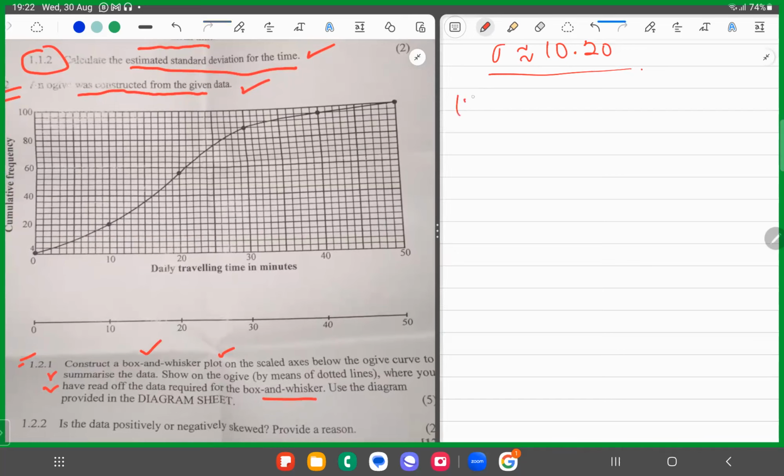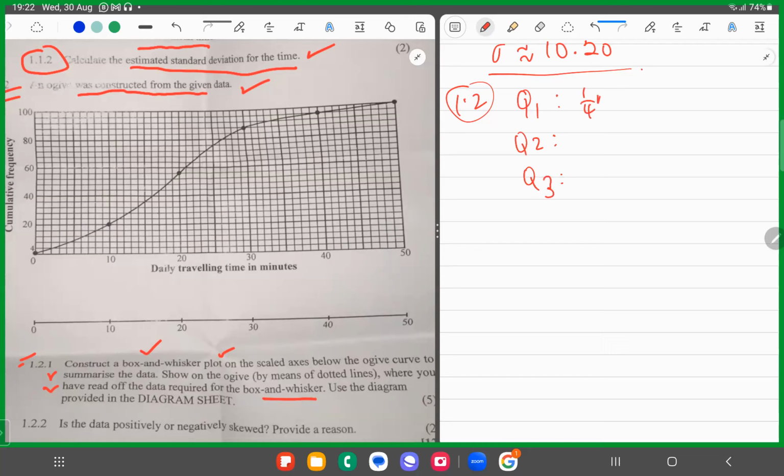So we're looking at question 1.2. The box and whisker plot has four things. Okay, let's start. So it has Q1, Q2, and then Q3.